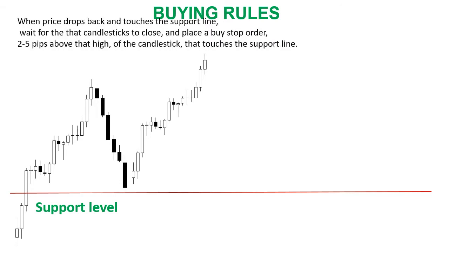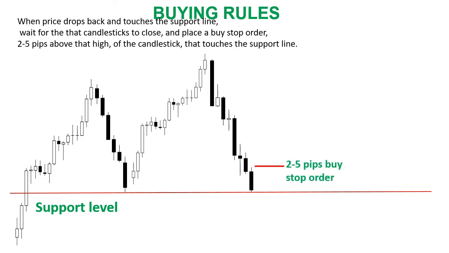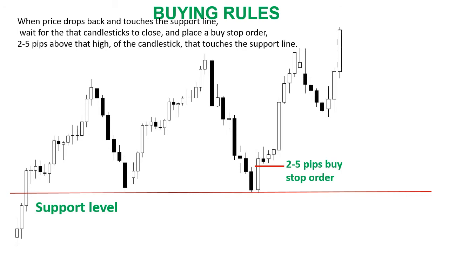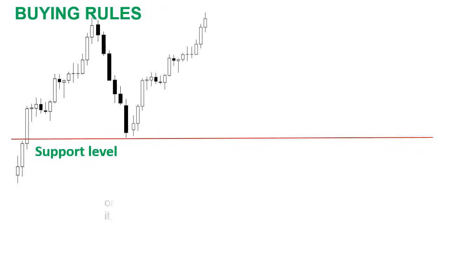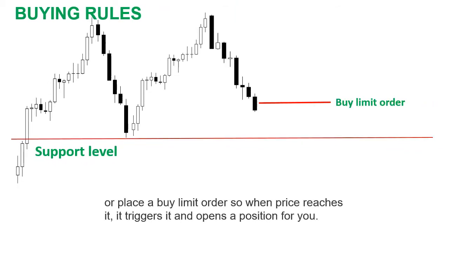When price drops back and touches the support line, wait for that candlestick to close, and place a buy stop order, 2 to 5 pips above the high of the candlestick that touches the support line. Or place a buy limit order, so when price reaches it, it triggers it and opens a position for you.